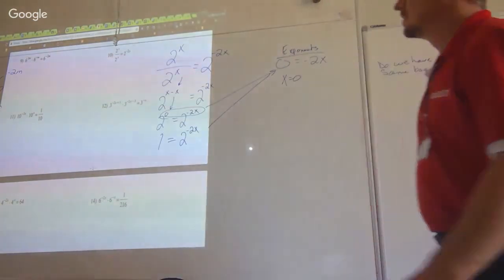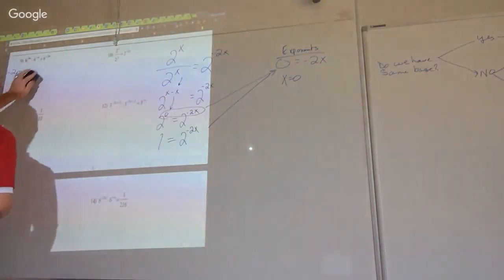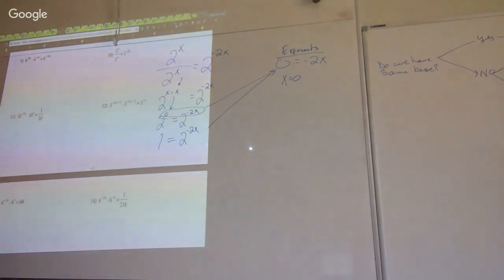Alright, so let's take a look at number 11. Number 11 says that we have 10 to the negative 3x times 10 to the x is equal to 1 over 10. Now, I don't have a single base on the left side.